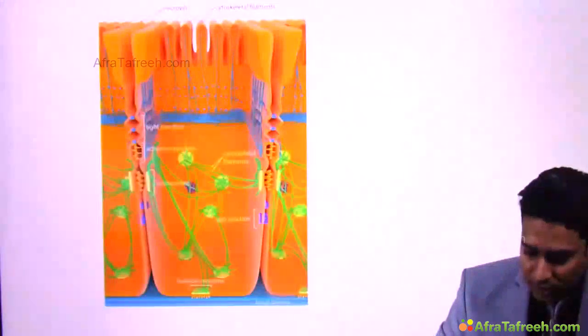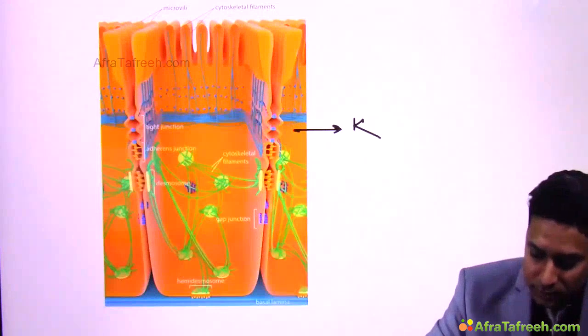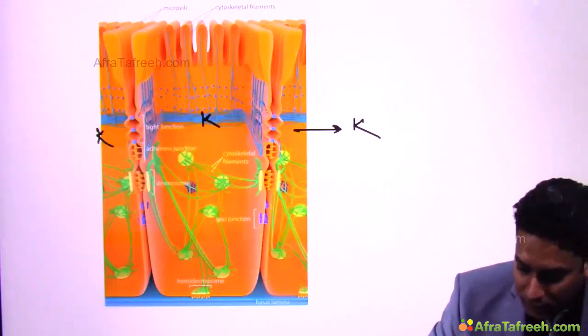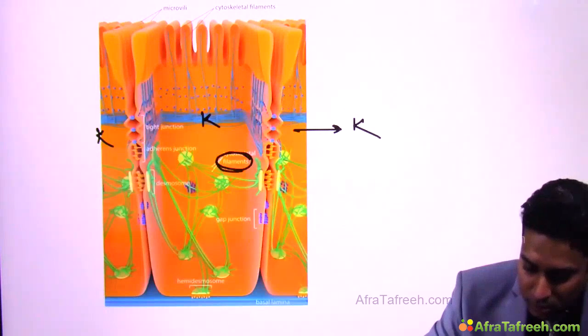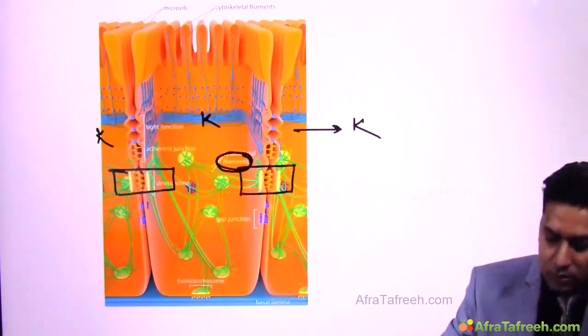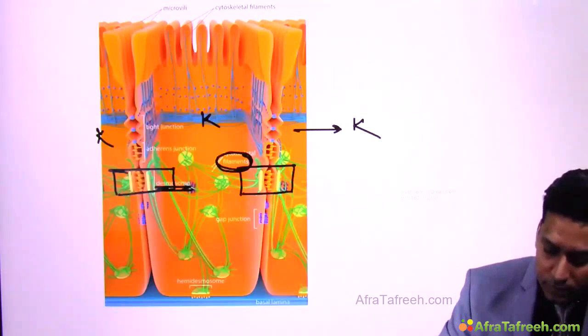So like you can see here, these are keratinocytes, all these are keratinocytes, and these are the filaments, and in between they are attached via these desmosomes. So these are desmosomes.